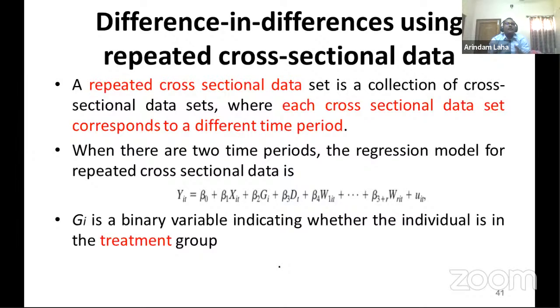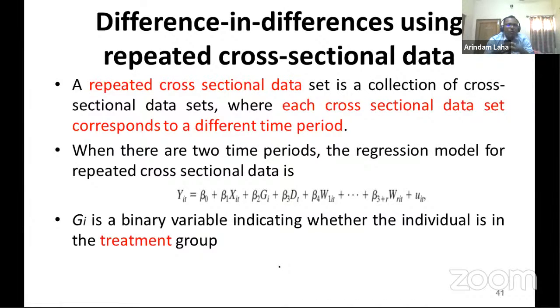So this is a case of repeated cross-sectional data. Whatever data we have in our secondary sources is basically repeated cross-sectional data, giving us data over different time periods. In my paper we have done a difference in difference regression using this sort of data.